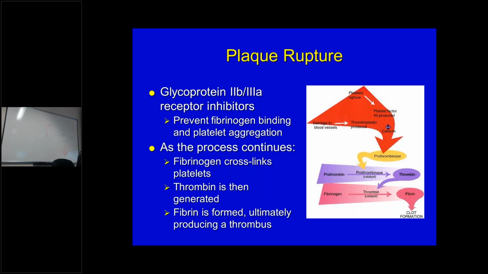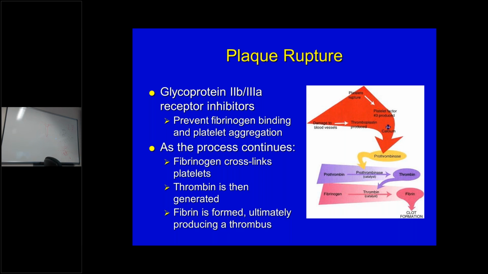So this kind of goes through the physiology of the plaque rupture and how fibrin is formed. So platelets are going to be attracted to these areas of injury, right?